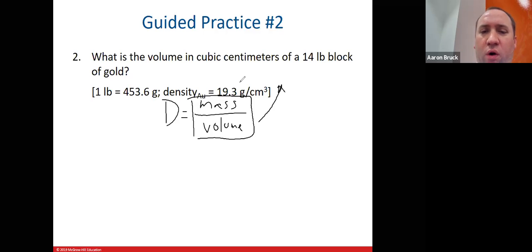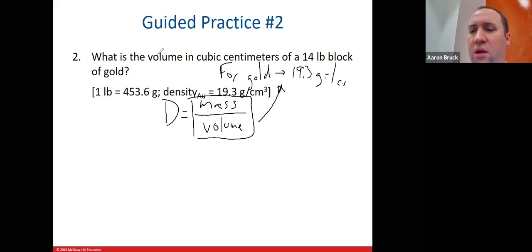We could say that for gold, 19.3 grams is equal to 1 cubic centimeter. We could say that and be completely accurate in saying so.